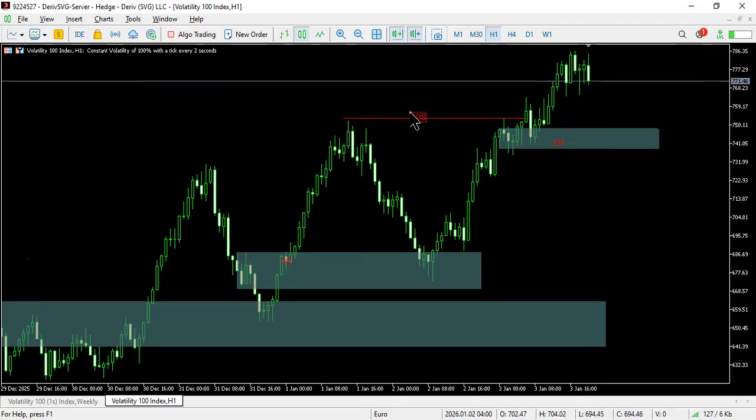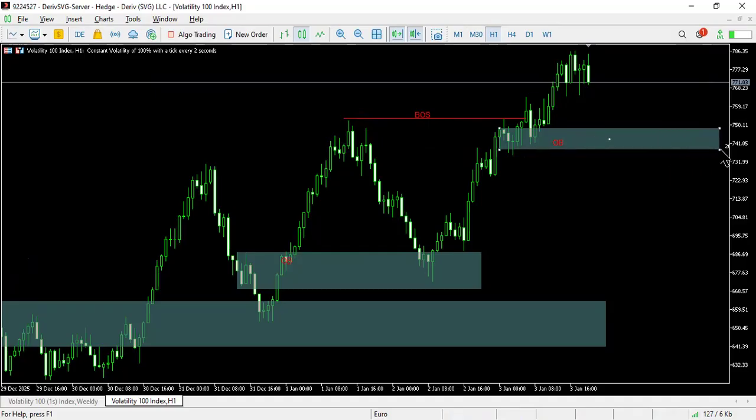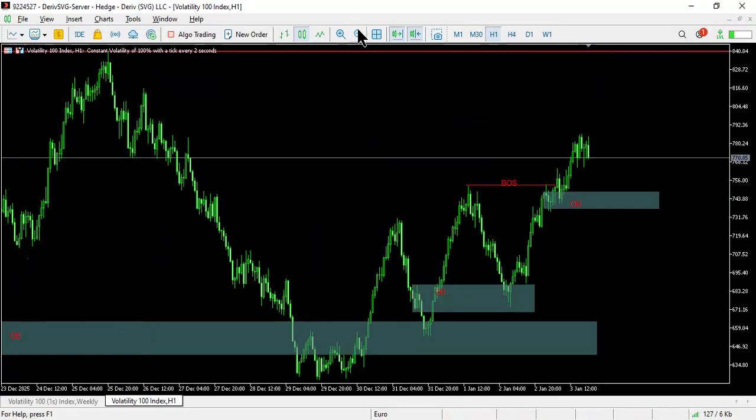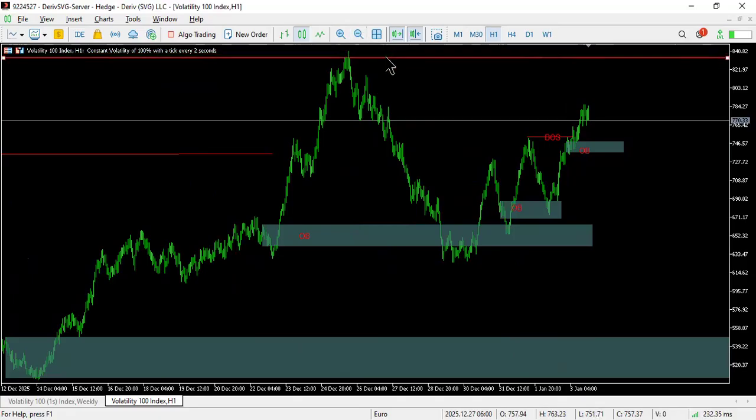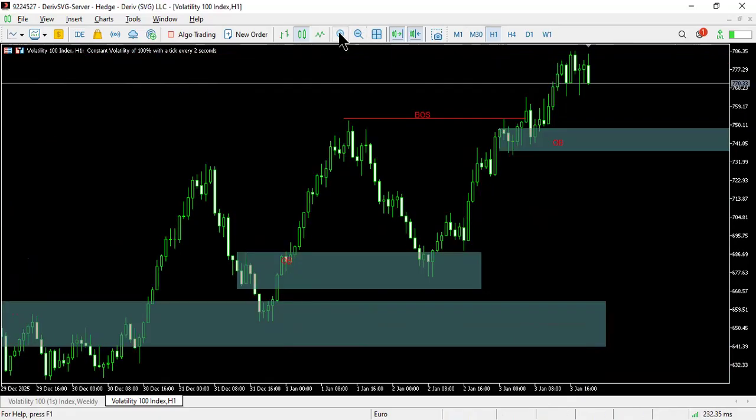So that is what we have. Price just broke that high and our order block is present. So now we are waiting for price. It's looking like price is coming back to mitigate our order block.